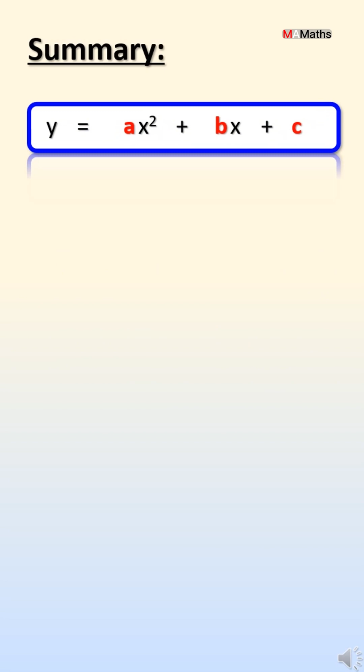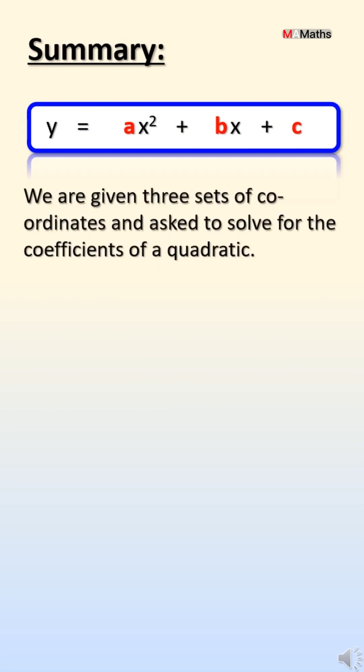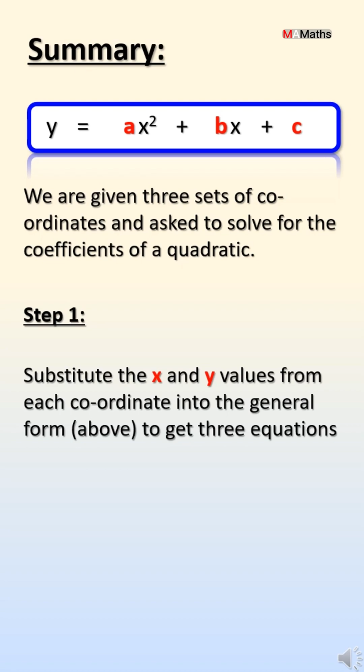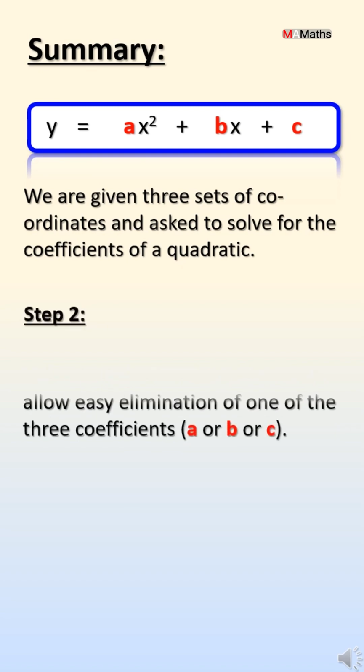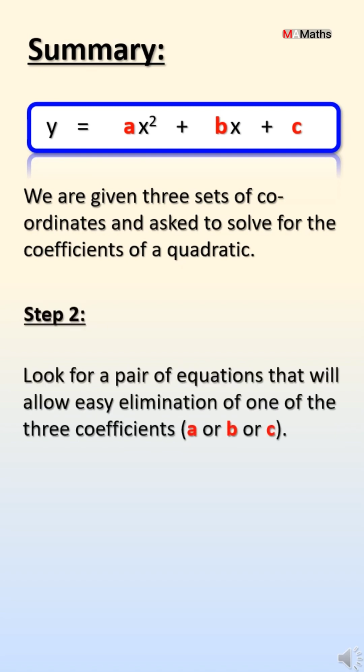Summary. When we have y is equal to ax squared plus bx plus c and we're given 3 coordinates and asked to solve for the coefficients, what do we do? Step 1. Substitute the x and y values from each coordinate into the general form above to get 3 equations. Step 2. Look for a pair of equations that will allow easy elimination of one of the 3 coefficients, a or b or c.